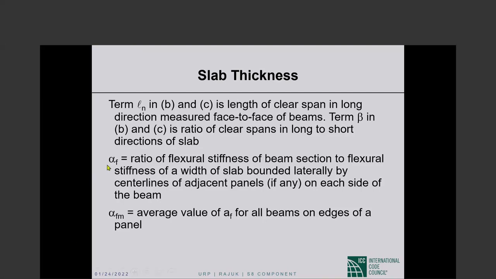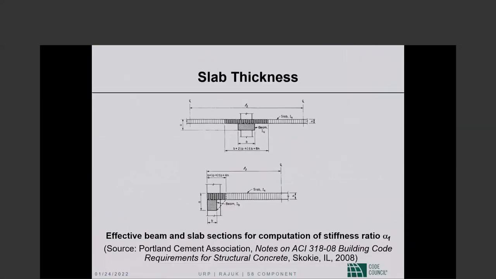Alpha sub fm, so there is a beam on each of the four sides. Alpha sub fm is the average value of alpha f for all beams on edges of a panel. So it is beam to slab stiffness ratio, the slab from center line of this panel to center line of this panel.